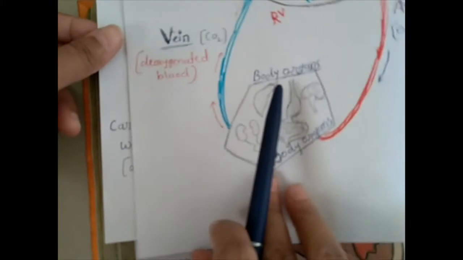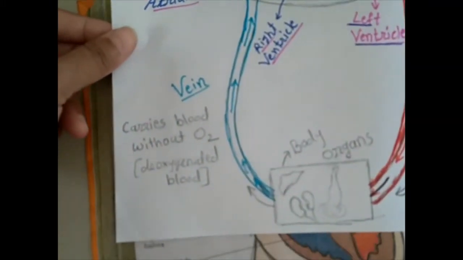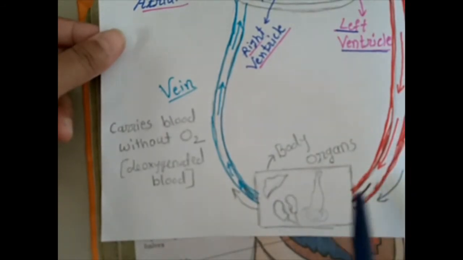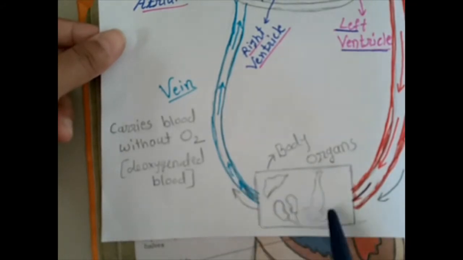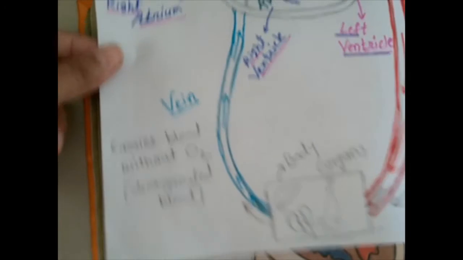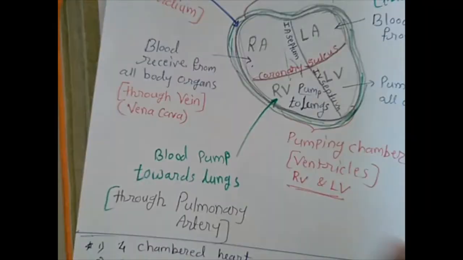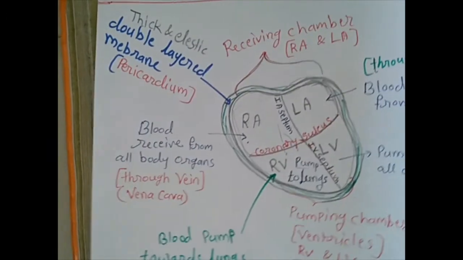Yes, the brain is also present. From the brain also the heart receives deoxygenated blood, and the brain also needs oxygenated blood. That's why the brain is also included in the body organs that I have assumed for your understanding.